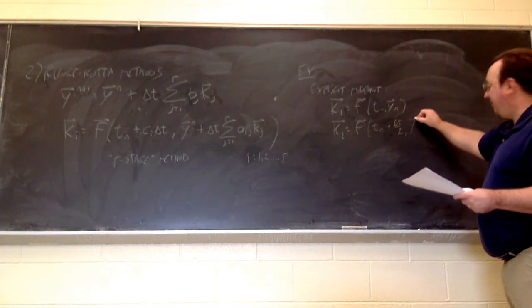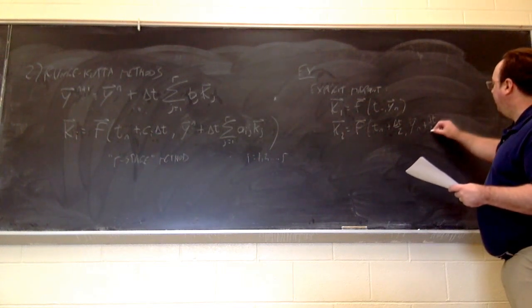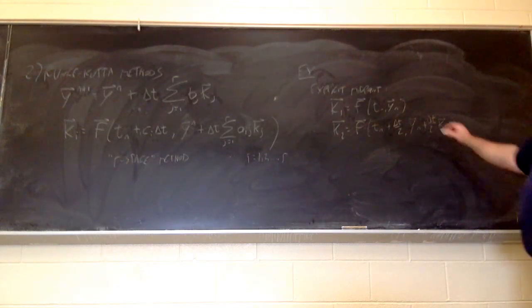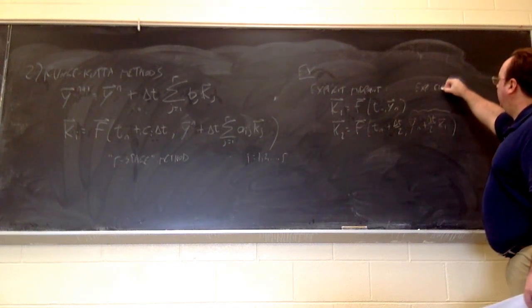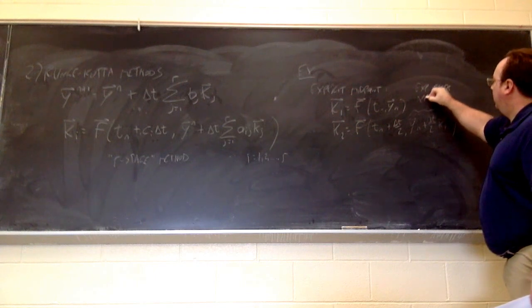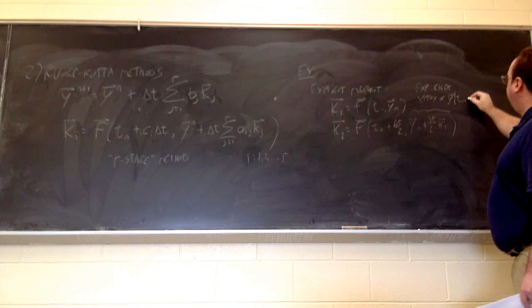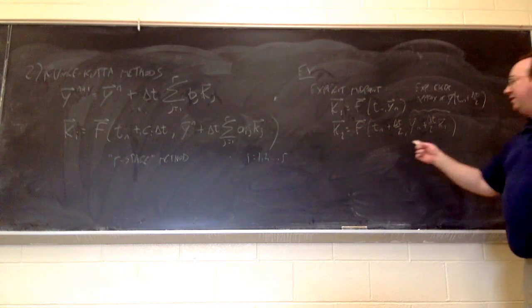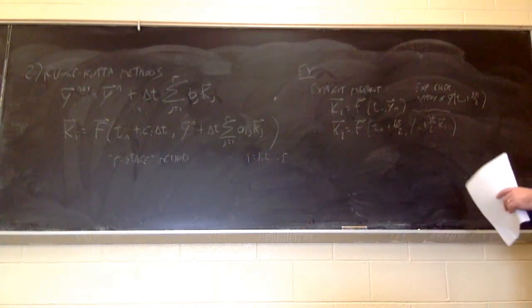That would be yn plus delta t over 2 times k1. This is actually the explicit Euler approximation of y at tn plus delta t over 2, so that's a reasonable approximation to plug into f to get the value of the time derivative at time tn plus delta t over 2.